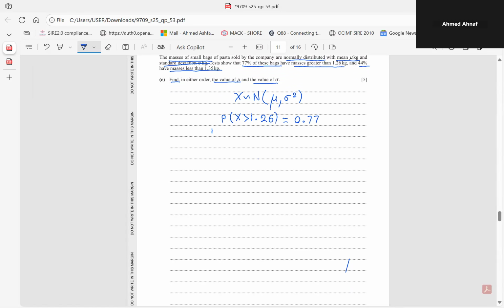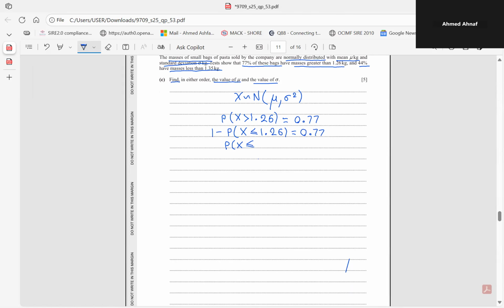And this is actually just equal to 1 minus the probability of X being less than or equal to 1.26. Let's make this probability the subject of our equation. So that's just 1 minus 0.77, which would give you 0.23.